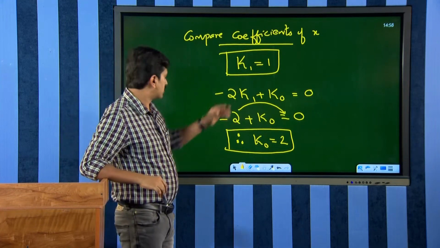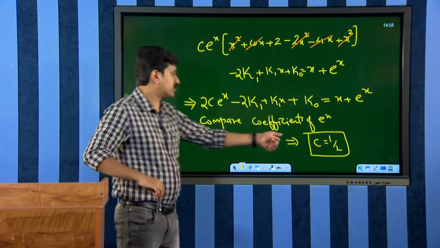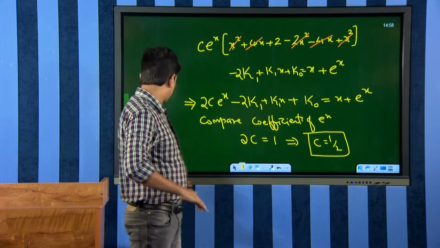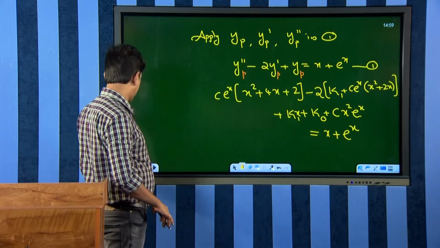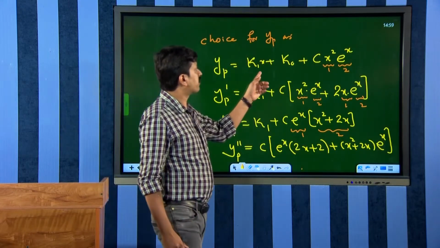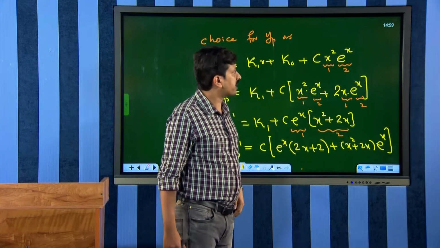We have k1 is equal to 1, k naught is equal to 2, and we found c is equal to 1 by 2. We can apply these in yp, where yp is k1 x plus k naught plus c x square e raised to x.